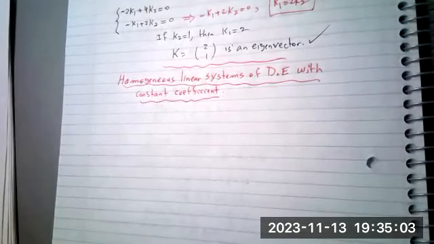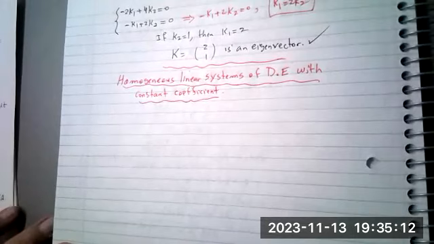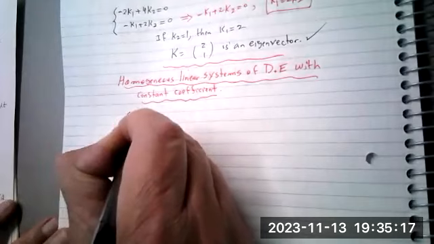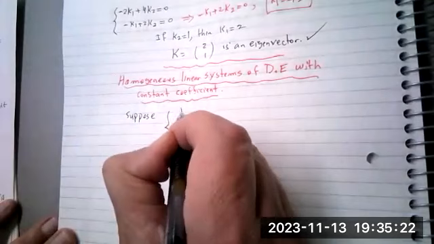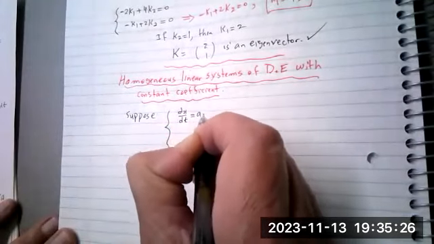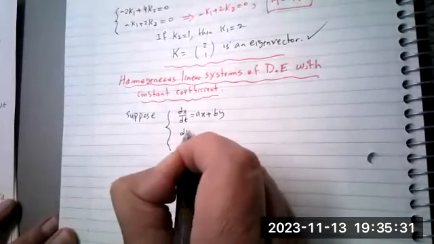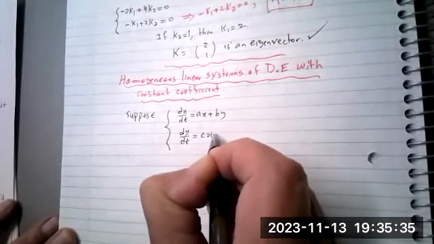Okay, let's do it. Take a system, change it to the matrix form. The matrix form is going to be a linear equation of the first order. Go back, whatever you did before, repeat it again. Suppose a system is given to you that's homogeneous. Suppose this is it: dx/dt equal to ax plus by, dy/dt is equal to cx plus dy.